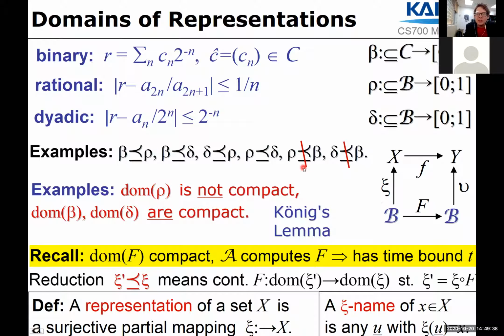And only one representation shares both good properties, reducibility and having a compact domain, and that's the dyadic representation. And particularly when we're interested in complexity investigations much later, for this reason we're going to use the dyadic representation.